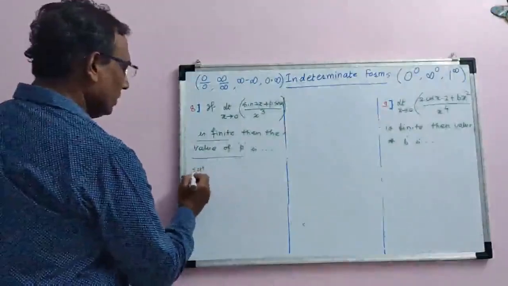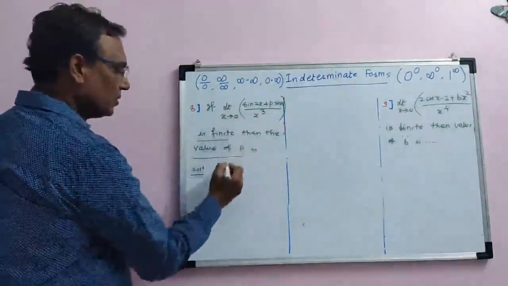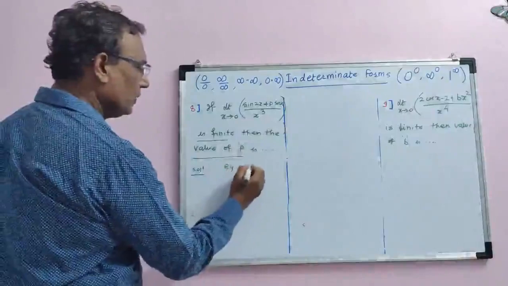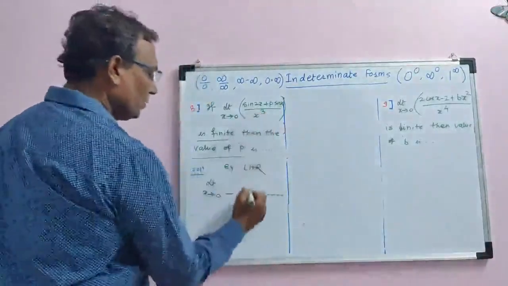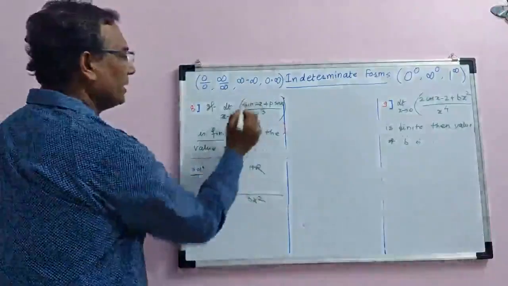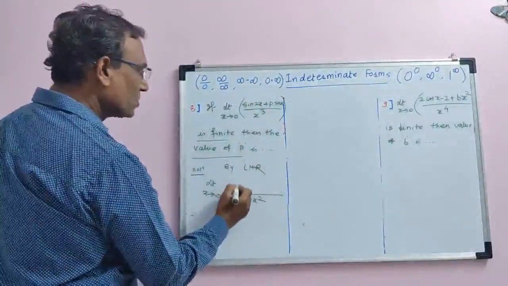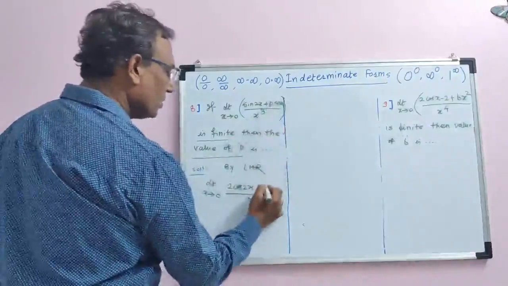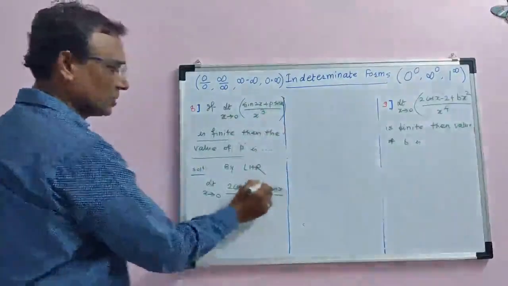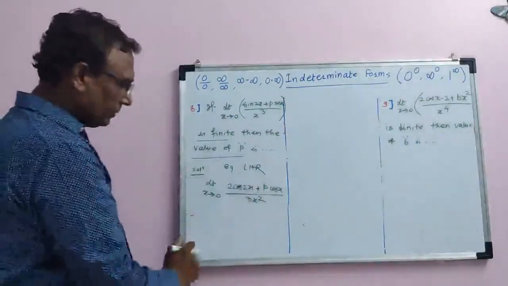What we have to do? For x equal to 0, denominator is 0, therefore by L'Hospital rule, limit x tends to 0, derivative of x cube is 3x square. Derivative of sin 2x is what? 2 cos of 2x. Derivative of sin x is what? Cos x. p is multiplicative constant. So we applied L'Hospital rule.